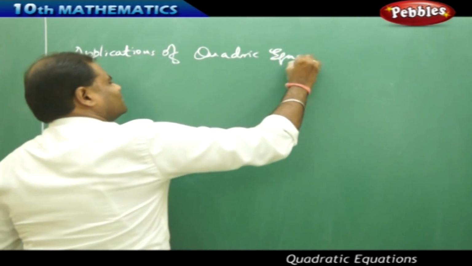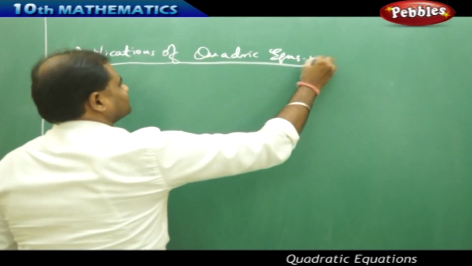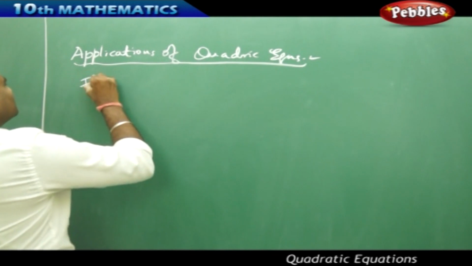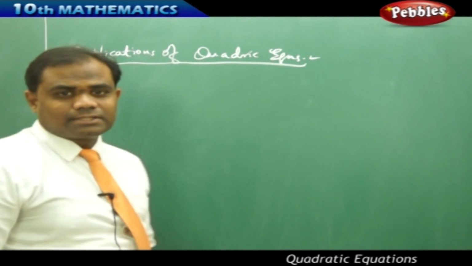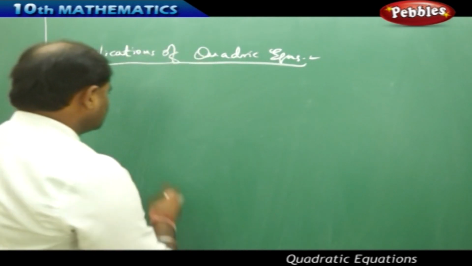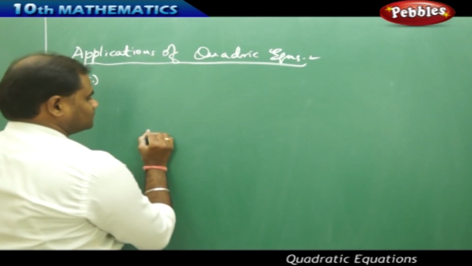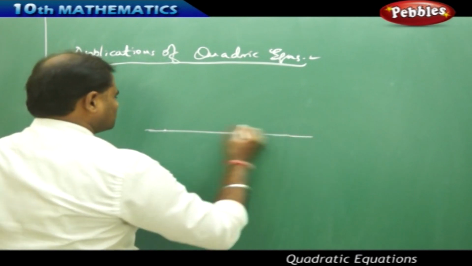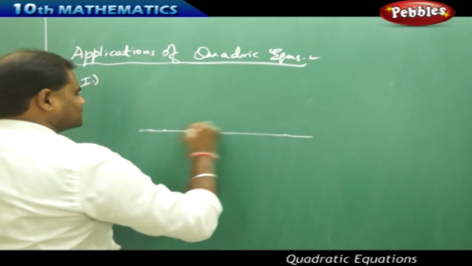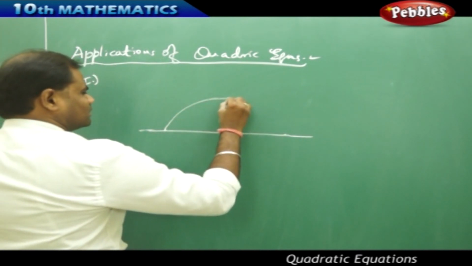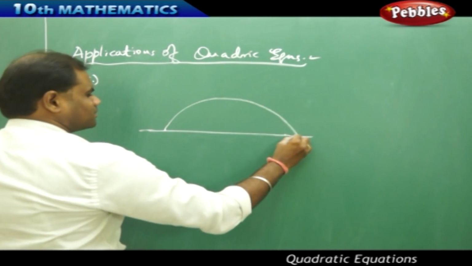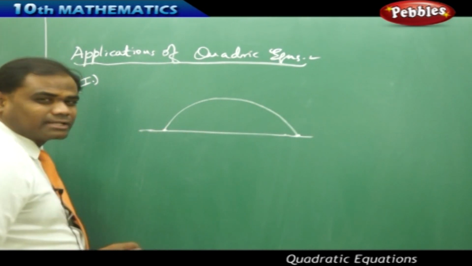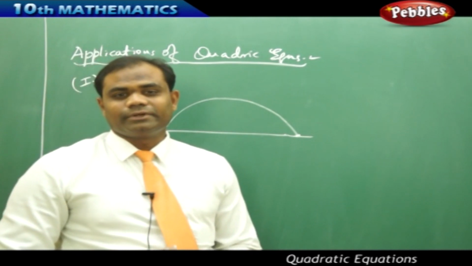Quadratic equations in daily life. Initially, if, for example, I take a person standing here on the ground, then he throws a ball onto this side, then the ball tries to go in this shape, then this is said to be a quadratic equation.